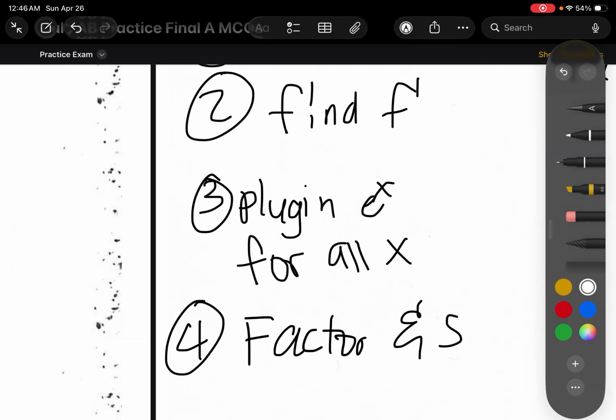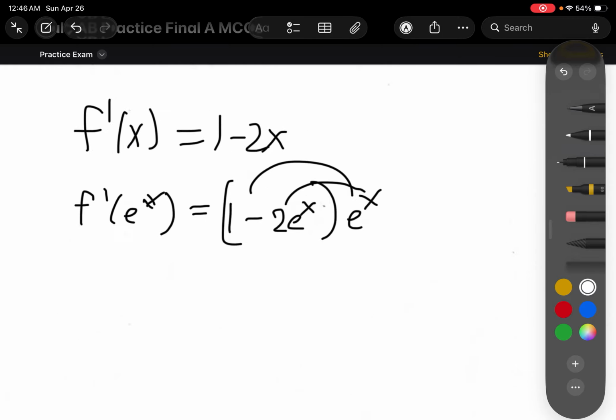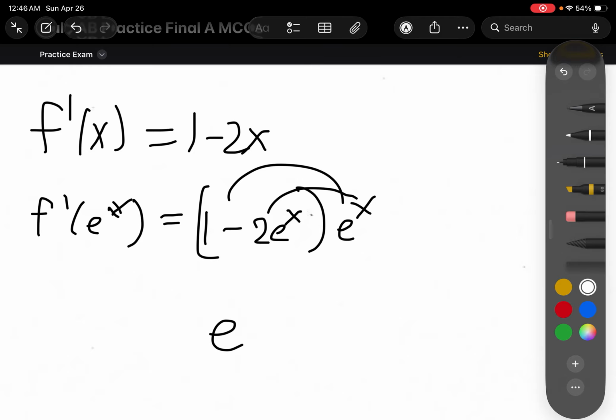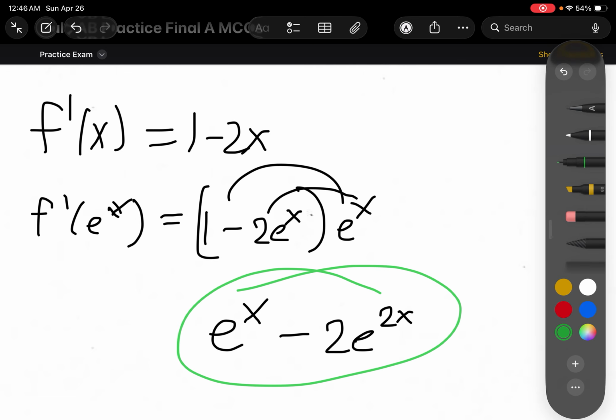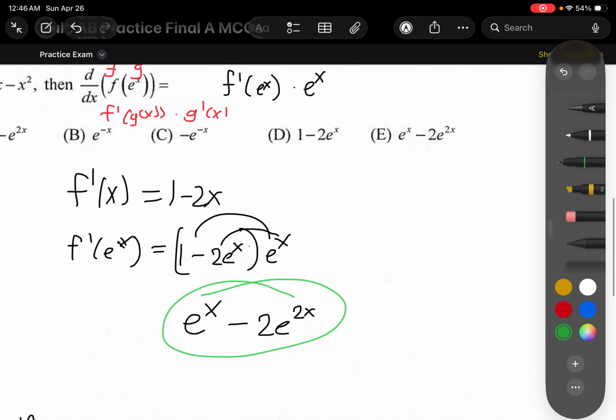Alright. So e to the x times 1 is e to the x, minus 2e to the 2x, because we have 2e to the x's, and that is going to match option E.